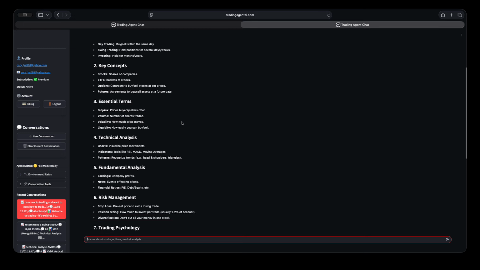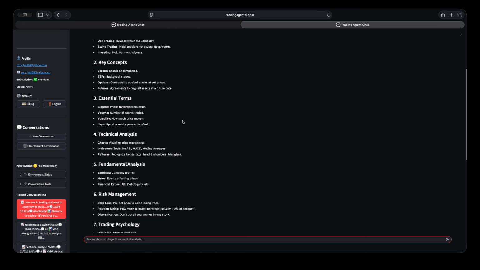So as a trader, you're going to need to know some essential terms. So bid and ask, which is the prices buyers and sellers offer at. So a bid is typically the buying price, and the ask is typically the selling price. Volume is the number of shares traded.